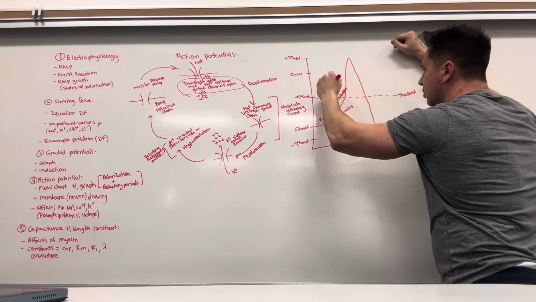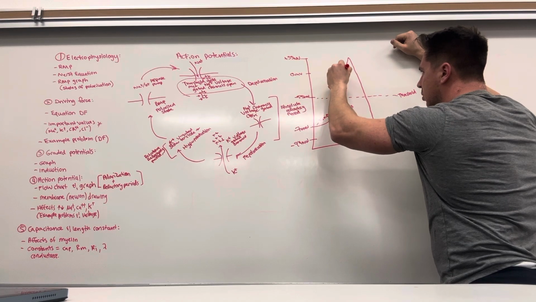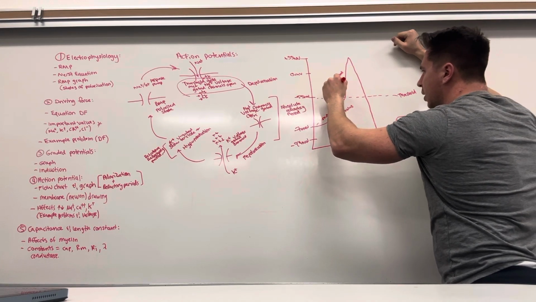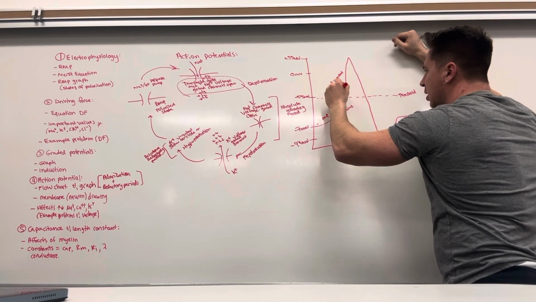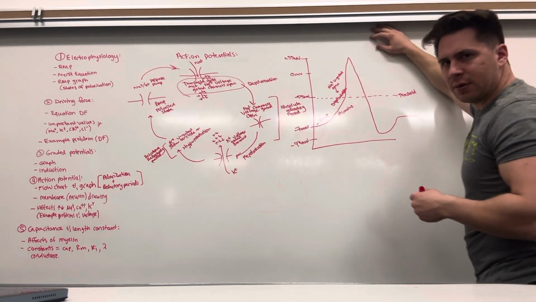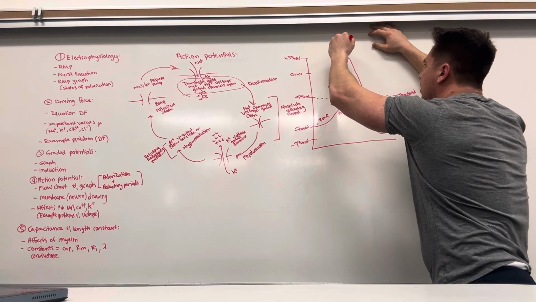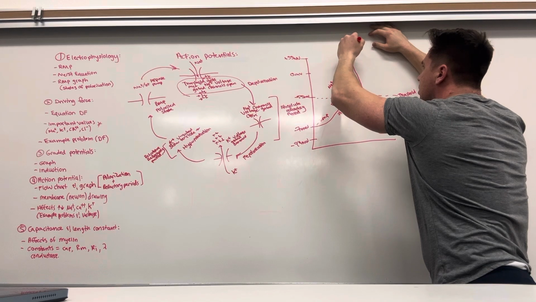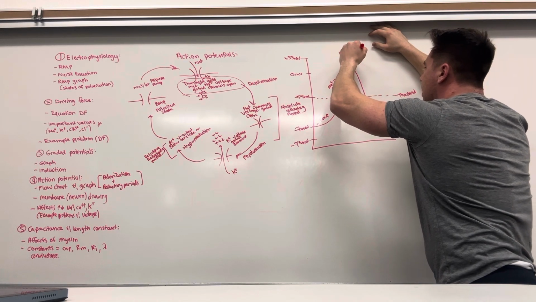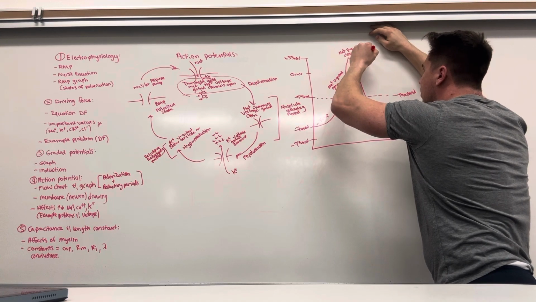Once it passes threshold, we see that these sodium voltage gated channels open and thus depolarize the cell a lot, making it more positive. Once we hit up here, the sodium voltage gated channels close, and we have potassium voltage gated channels open.